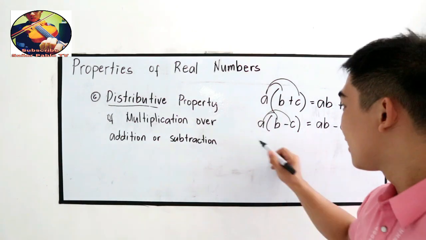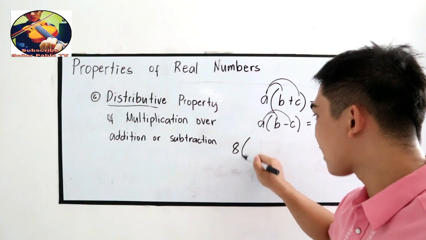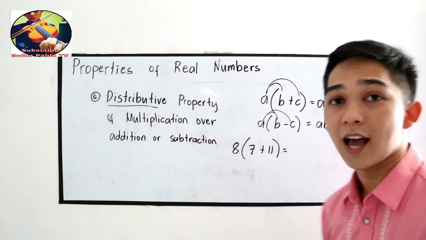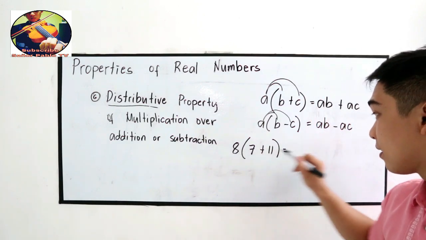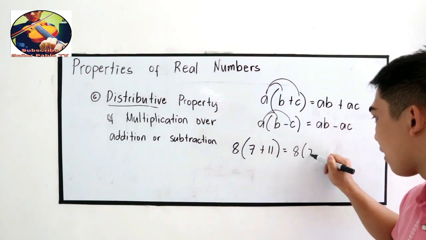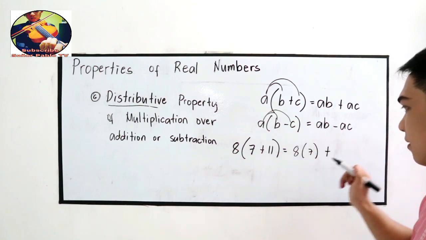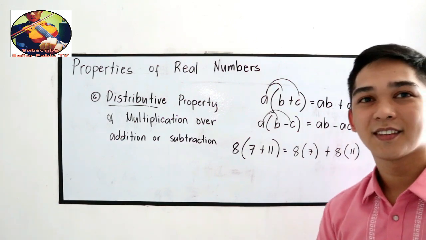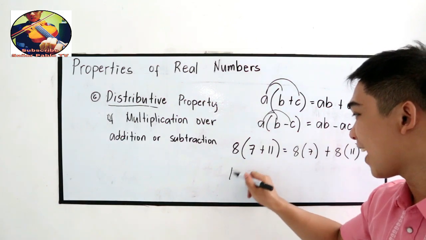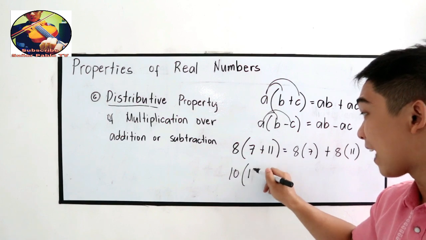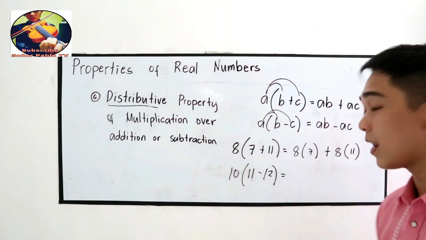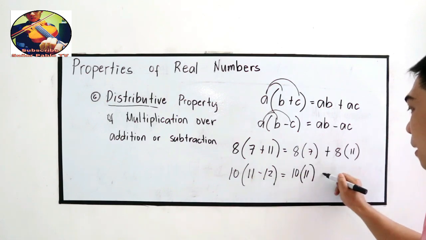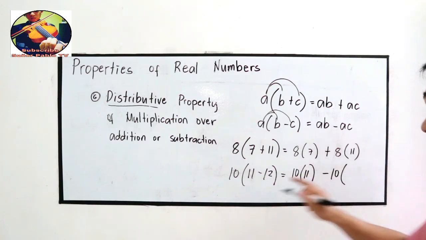I-try natin. So, if I have 8 times 7 plus 11. So, equal lang yan kapag distribute natin, 8 times 7 plus 8 times 11. Isa pa, 10 times 11 minus 12, equal lang yan sa 10 times 11 minus 10 times 12.